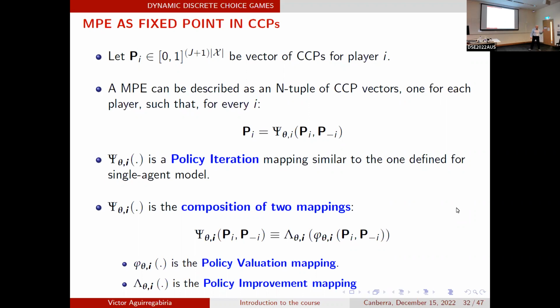It's a solution of the policy iteration mapping for that player, okay? That's what this expression means, okay? This is the best response of policy iteration. Remember that in the single agent model, we have an interpretation of the policy iteration mapping as a best response of an agent to himself in the future.